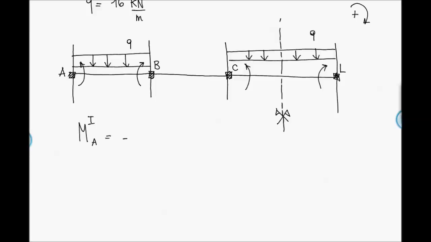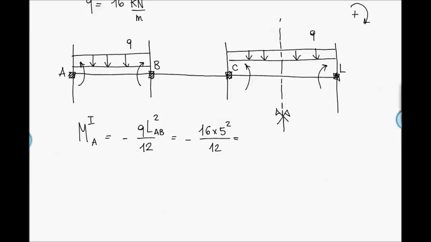So M'A is equal to Q L_AB squared over 12, which is equal to minus 16 by 5 squared over 12.